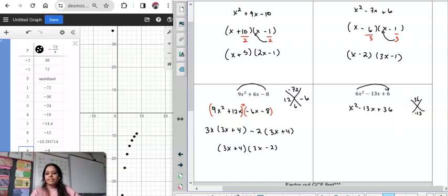I think 9 and 4, negative 9 and negative 4. Oh no, one has to be positive, one has to be... no, that's good. Negative 4, negative 9, that's okay, that works out. So you have here x minus 9 and then x minus 4. 9 times 4 is 36. Add together 13.